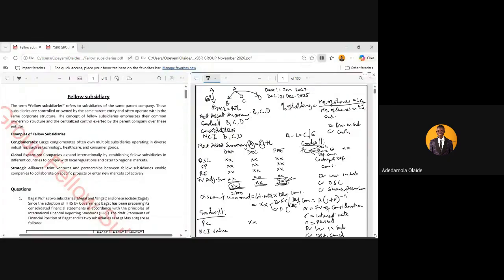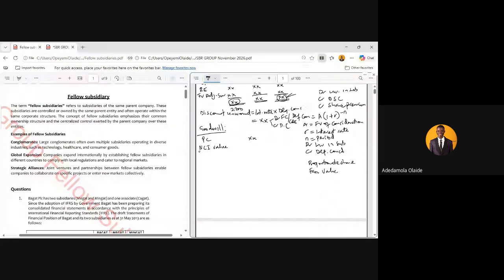But if it is fair value, then we'll look at the market value of each share the NCI hold. Once we get the market value, we multiply it by the number of shares the NCI hold, and that will be the value of NCI. Once we get the value of NCI, we less what?